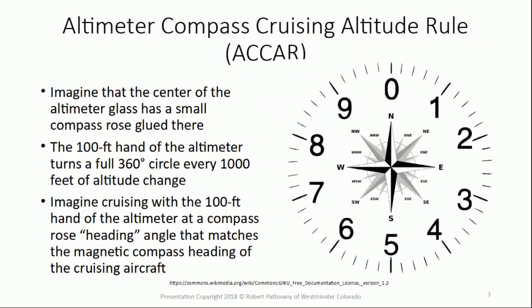I thought of a way to improve midair collision safety by diluting aircraft into the wasted airspace in between these cardinal altitudes. So I used a graphic like this to imagine for pilots how they would place a compass rose on their altimeter scale and fly in such a way that the 100-foot hand of the altimeter, which makes a full circle every 1,000 feet of altitude change, would have an angle on the compass rose that matches the angle of the heading of the aircraft actually flying across the Earth.